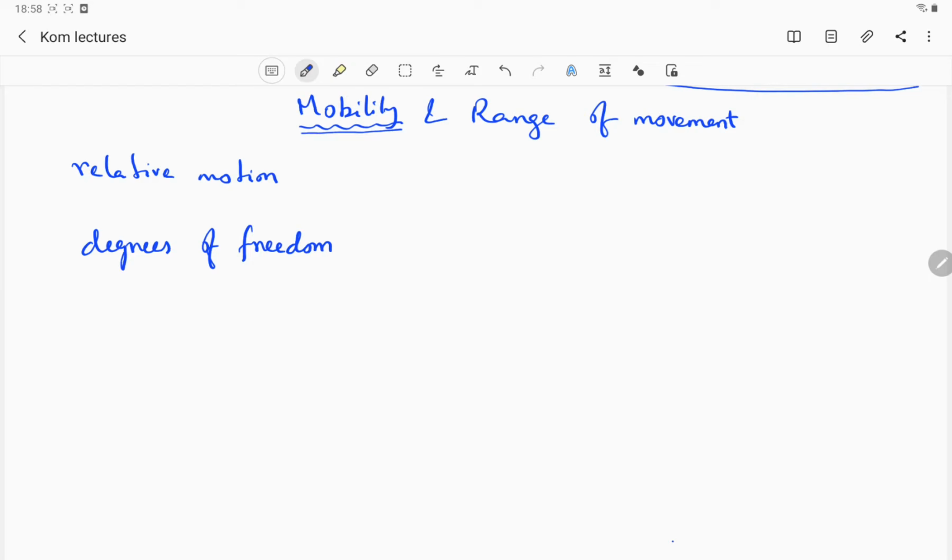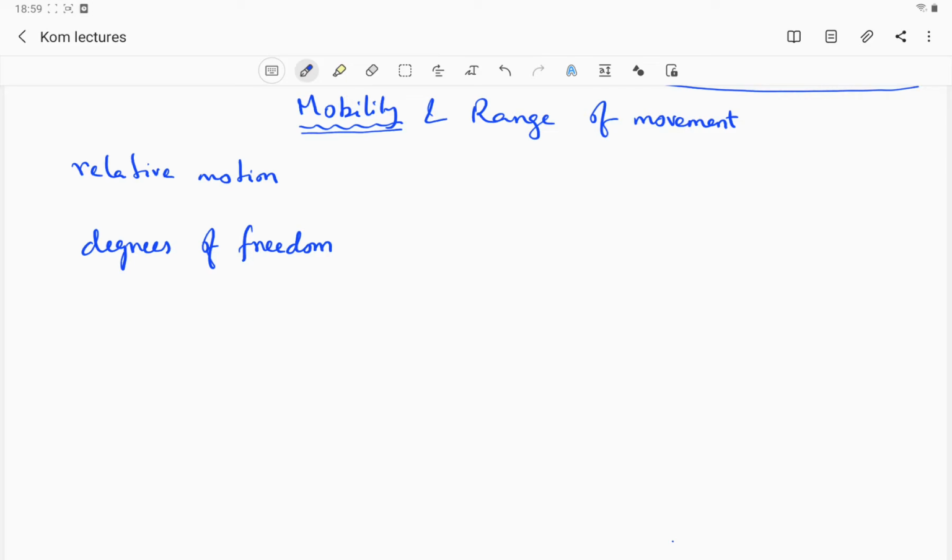under mobility. And one more thing is important, which is, for example, if I have to have an input or output motion as a complete rotation, in that case, can I have a complete rotation? What is the range of motion of a particular link?